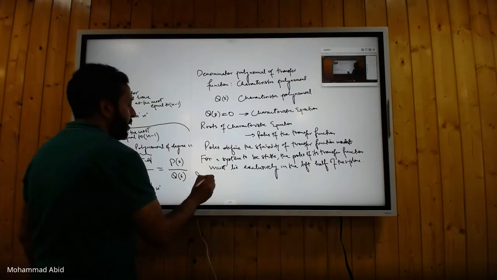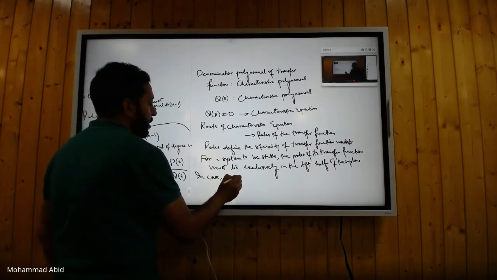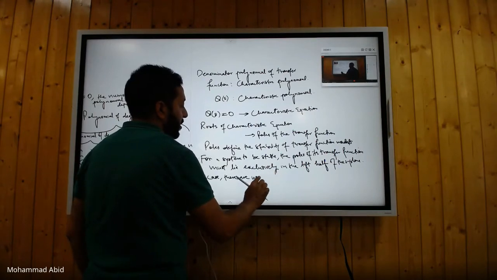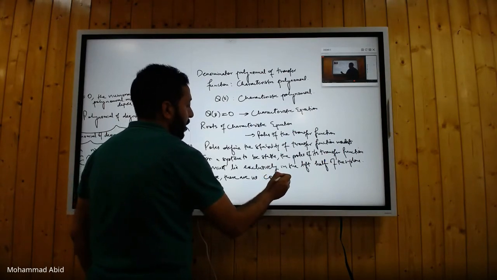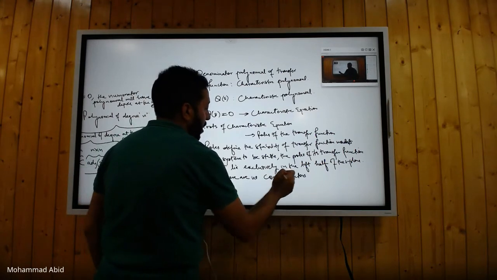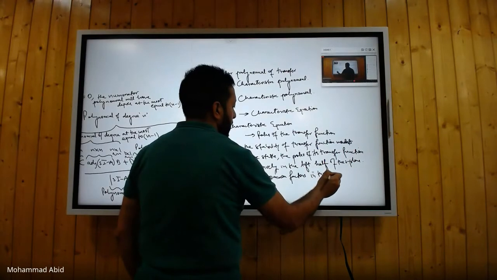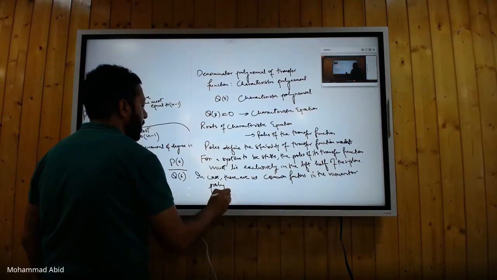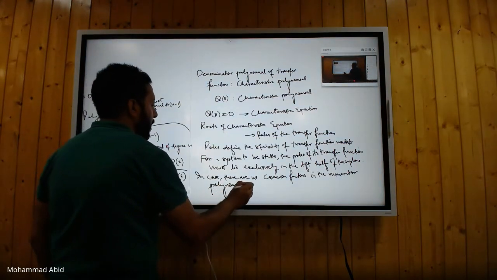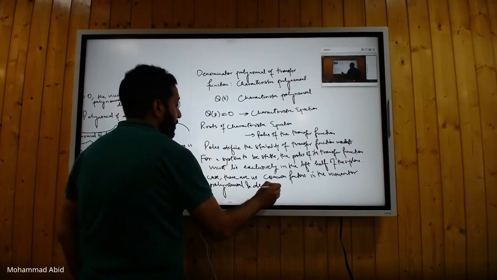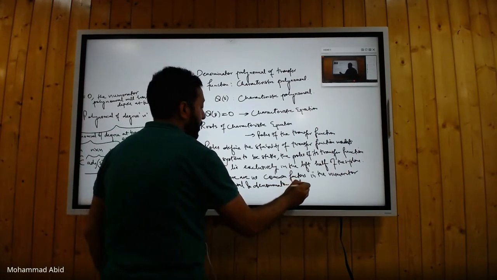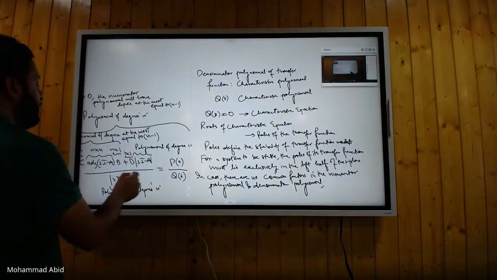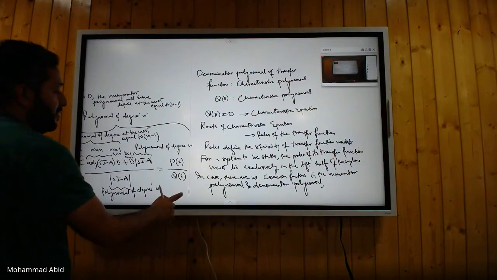In case there are no cancellations or no common factors in the numerator polynomial and denominator polynomial, in that case your Q(s) will be simply determinant of sI minus A, isn't it?